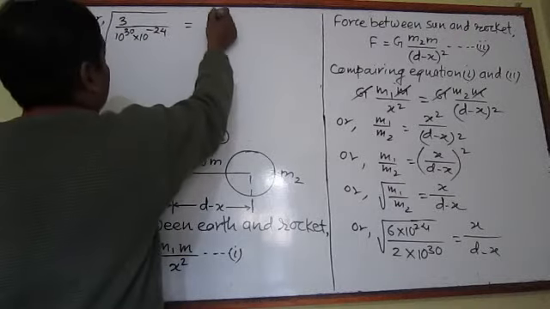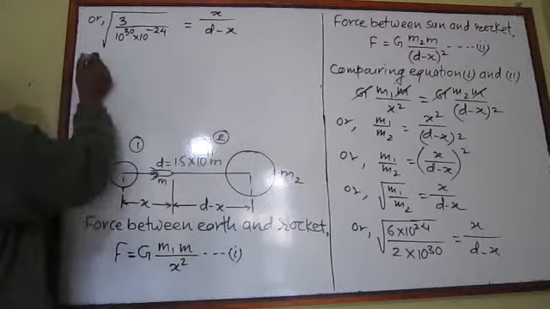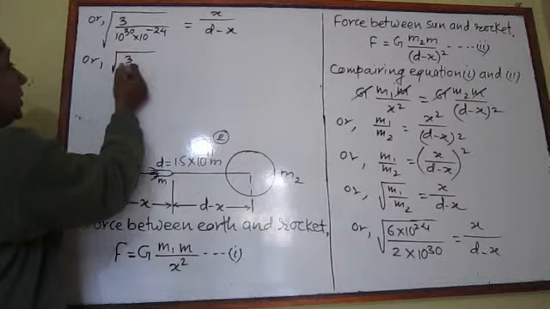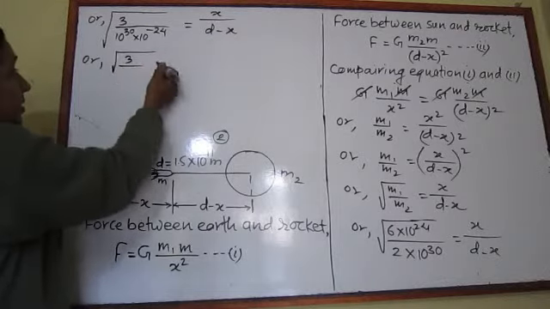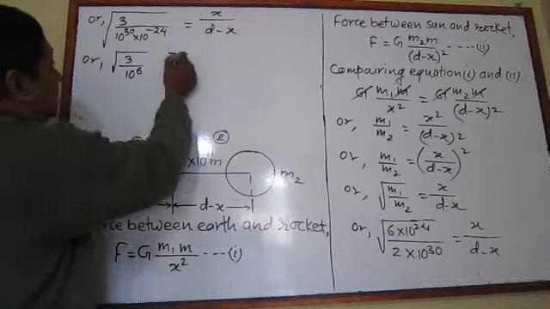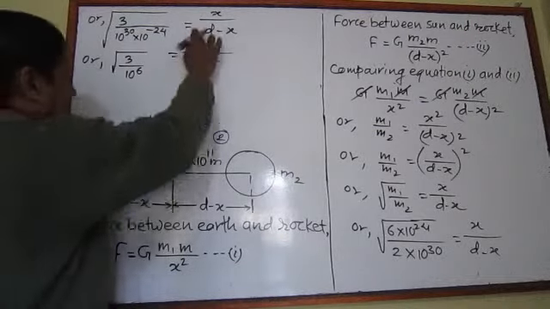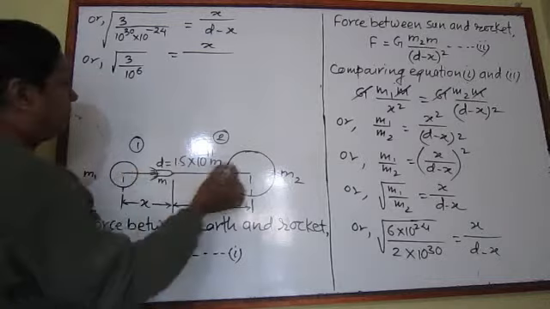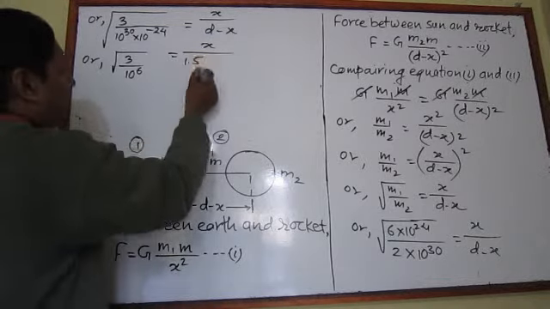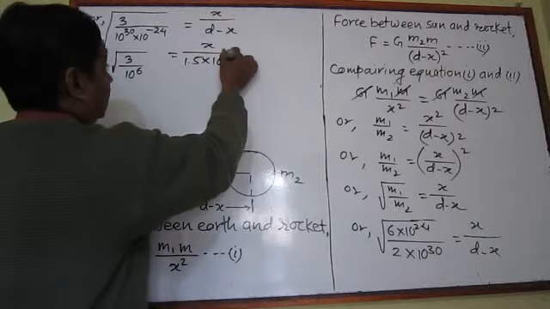This is equal to x upon d minus x, or root over 3 upon 10 to the power 30 minus 24 becomes 10 to the power 6, and this is equal to x upon, now I want to put the value of d, the distance between the Sun and the Earth, which is given as 1.5 into 10 to the power 11, minus x also.